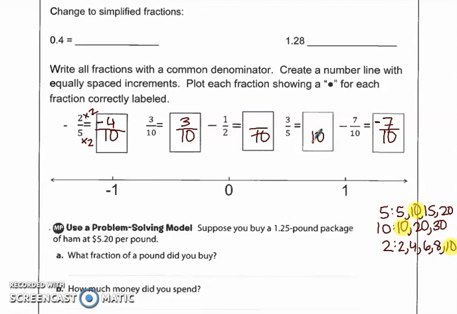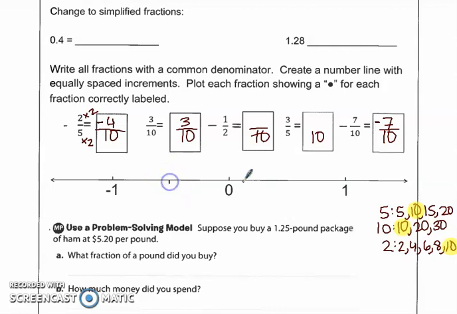Then what we do know is that this is broken into tenths. So I literally am going to break each of these from here to here into 10 pieces and from here to here into 10 pieces. I need to make sure I count this one, okay? So I'm going to try to find my middle point here.